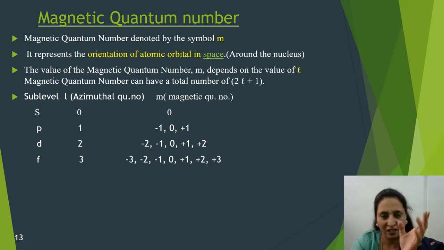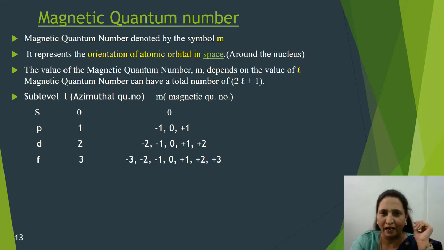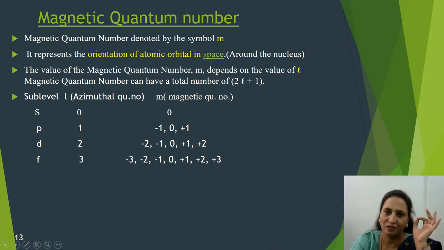Within that extranuclear part, the orientation of the orbit in which the electron is present is given by the magnetic quantum number. So the important point is that it gives the orientation of an atomic orbital in space around the nucleus.